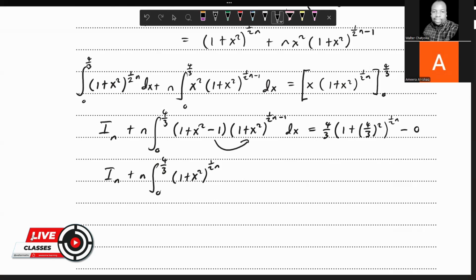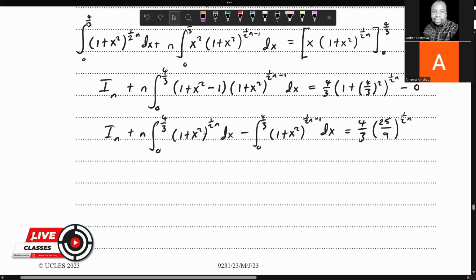And minus 1 to multiply again this thing, we say by the x would be minus the integral from 0 to 4 over 3 of 1 plus x squared to the power of half n minus 1 with respect to x, is equal to, and on the right side, that's 4 over 3 of, what's 1 plus 16 over 9? I'm getting 25 over 9. 25 over 9, but that's to the power of a half n, all right?